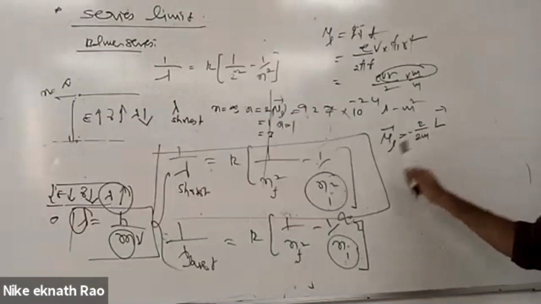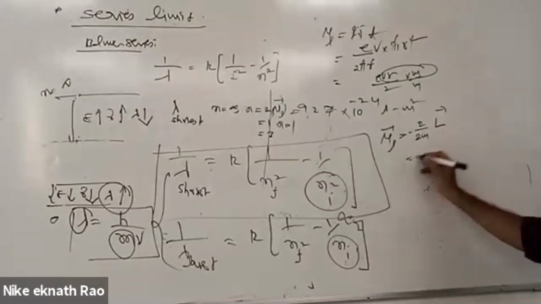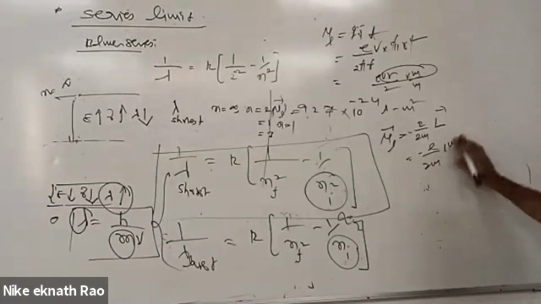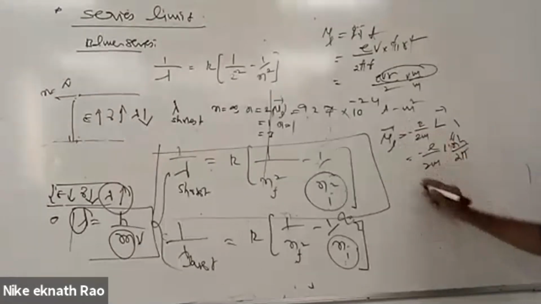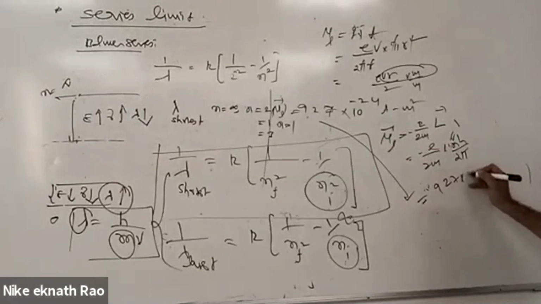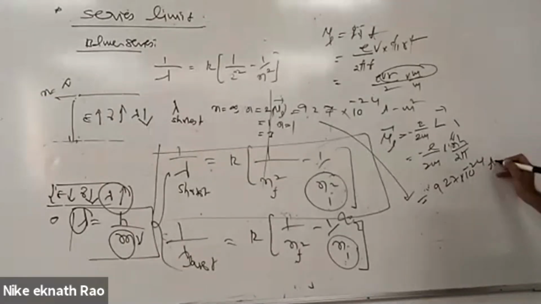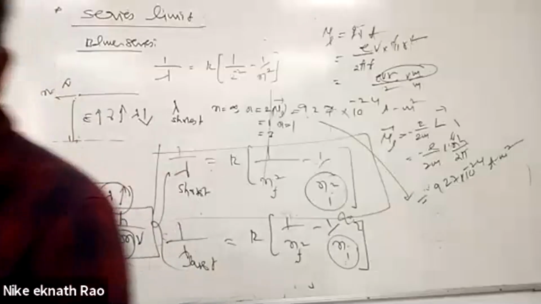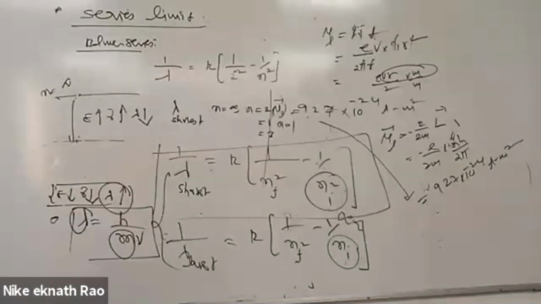And L is e by 2m into L, where L value m v r is n h by 2 pi. If I take n equal to 1 and simplify, what value do I get? 9.27 into 10 power minus 24 ampere meter square. Check the power carefully, it is minus. That is very important, remember the Bohr magneton value.